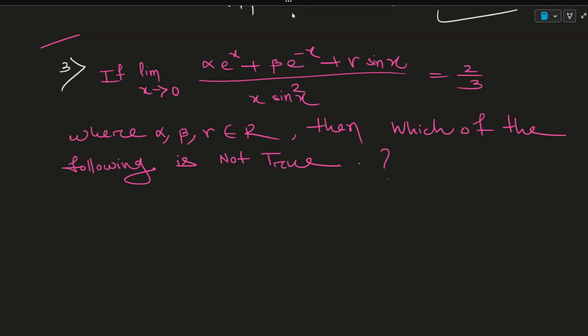Now I'm writing the option. Alpha square plus beta square plus gamma square equal to 6.